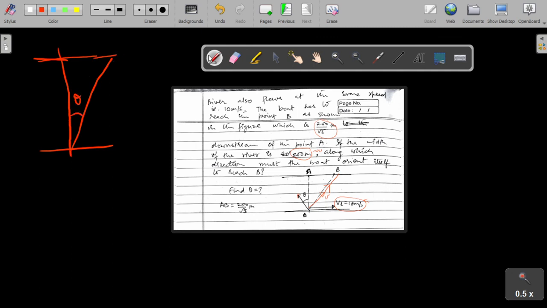Let's say we have to swim along the direction alpha. So the velocity of man should be oriented along this direction.